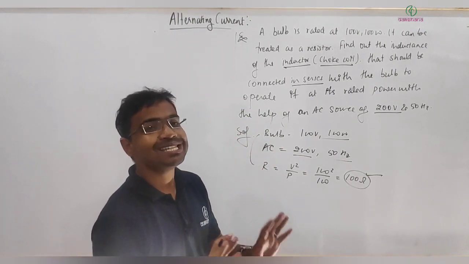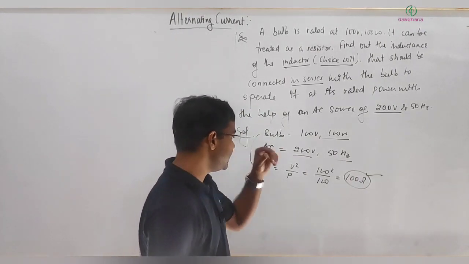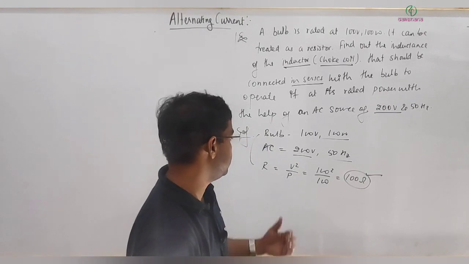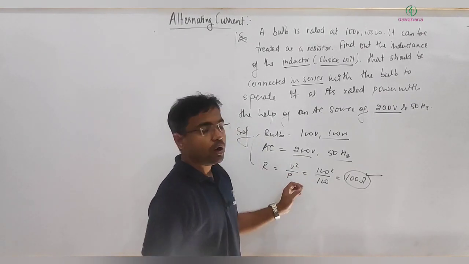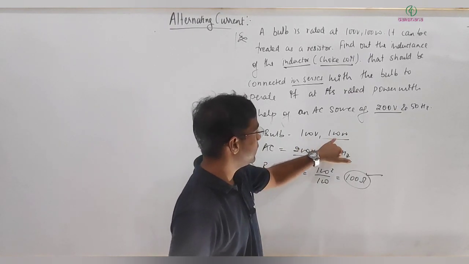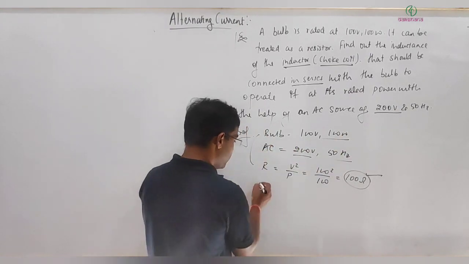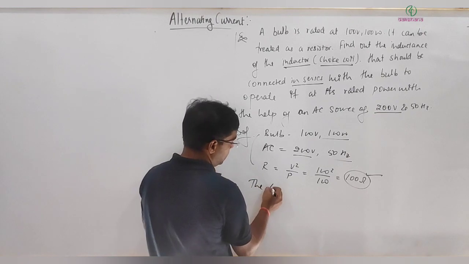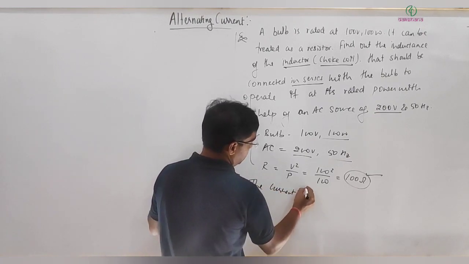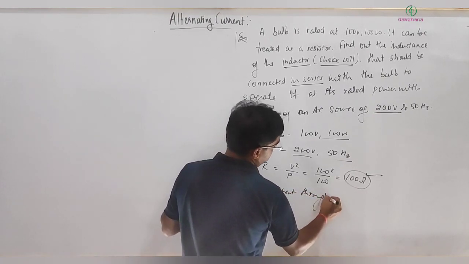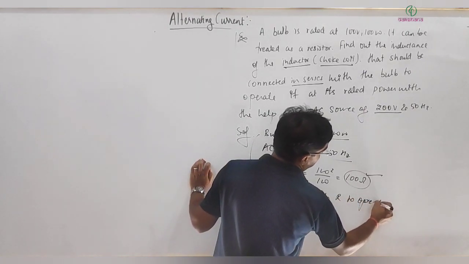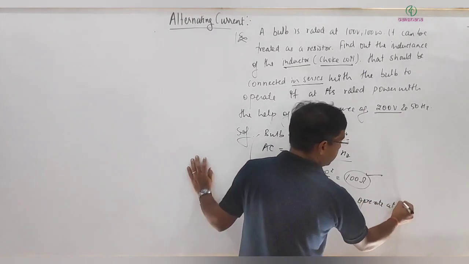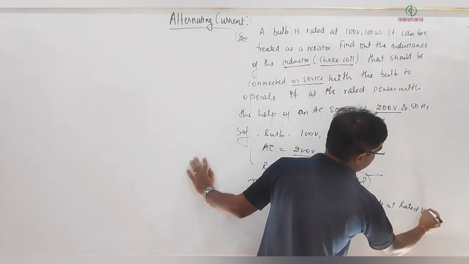Another thing is, if we want to operate it at 100 volt, 100 watt power, then what should be the current through R to operate at rated values?